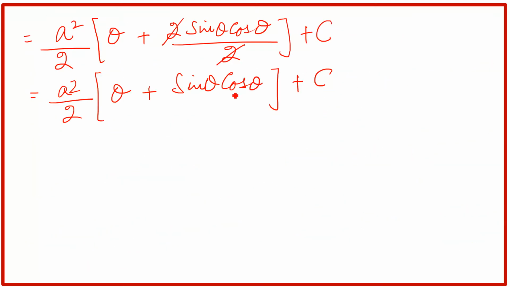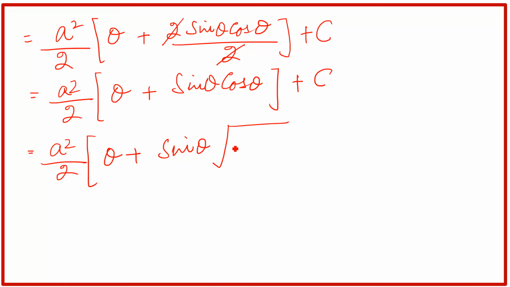But here we have cos theta as well. We have to convert this cos theta into sine theta. How will we do this? So it is a square divided by 2, theta plus sine theta, and then instead of this cos theta we can write the square root of 1 minus sine square theta.